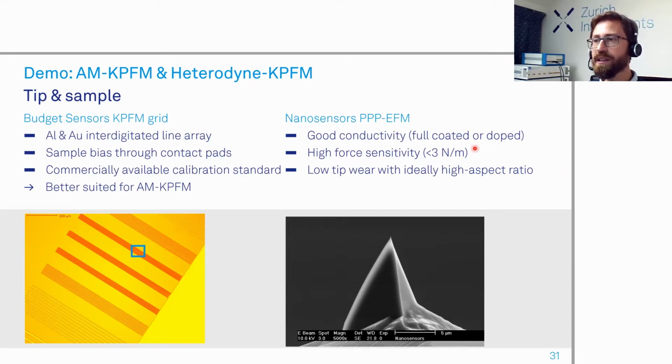And if you want to enhance even more this apex contribution, then high aspect ratio tips will help a lot. So hopefully now everything is clear how the demonstration is going to be conducted and how Kelvin probe modes work. So let me pause the presentation now and switch to the microscope.